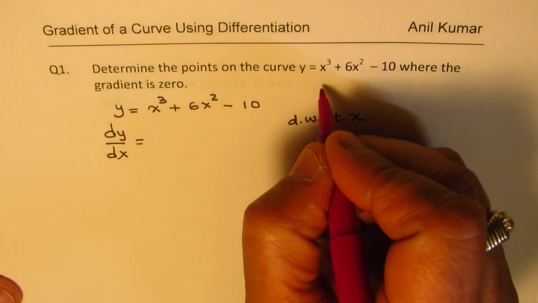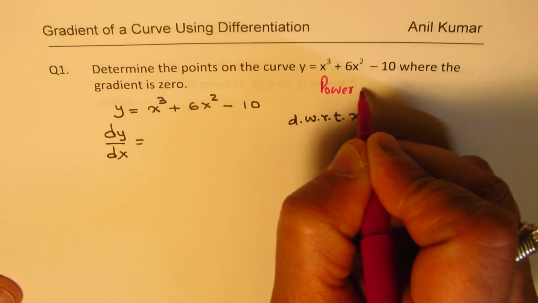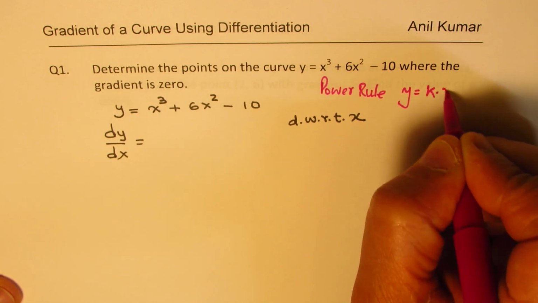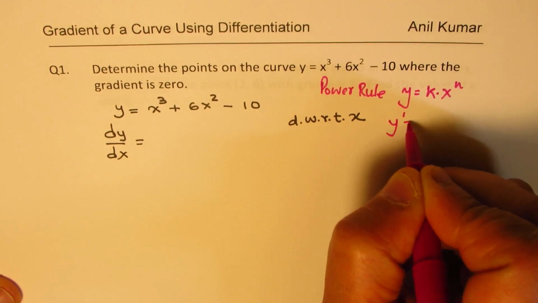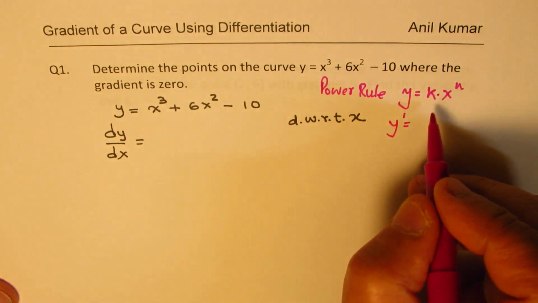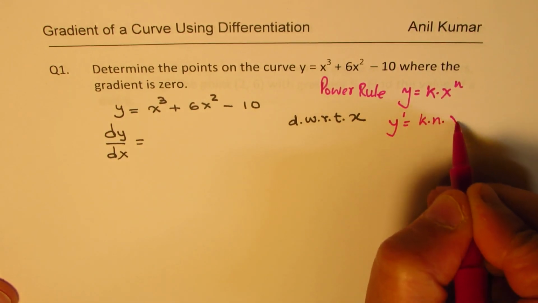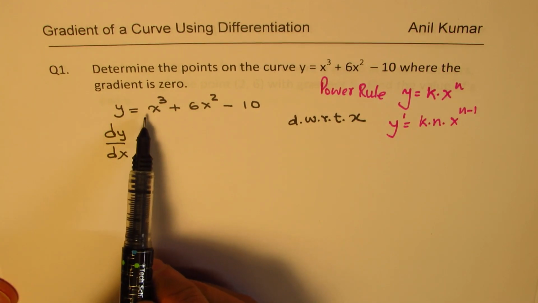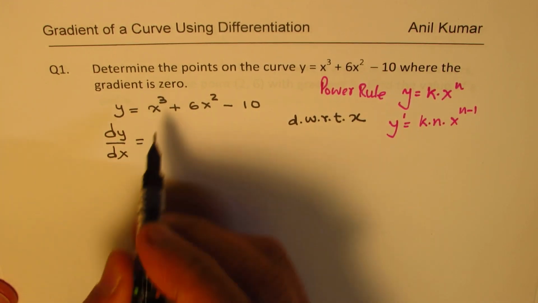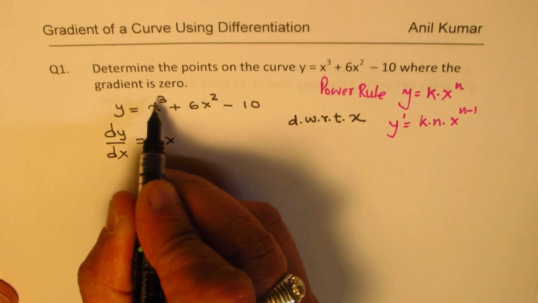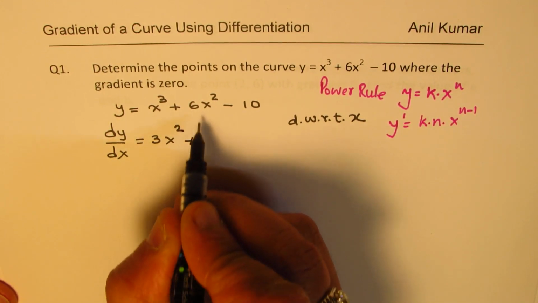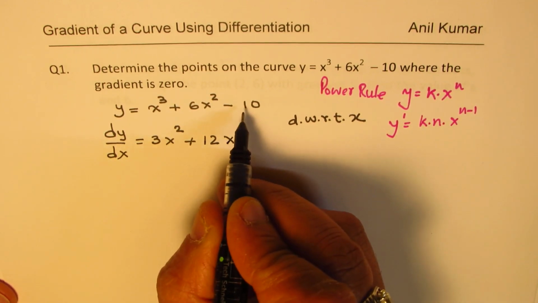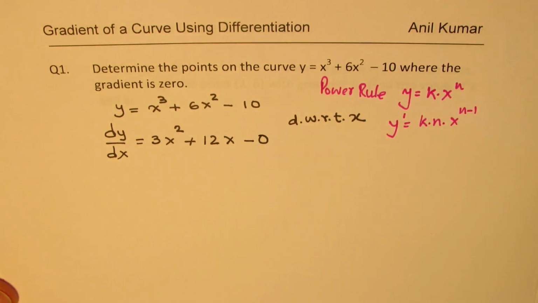As I mentioned earlier, the power rule is that if I am given y equals k times x to the power of n, then the derivative, which is dy dx, is k times n times x to the power of n minus 1. So here, the constant is 1. 3 times x to the power of 3 minus 1, which is 2. Plus 6 times 2, so I am straight away writing 12x. And for a constant, it is going to be 0. Perfect.